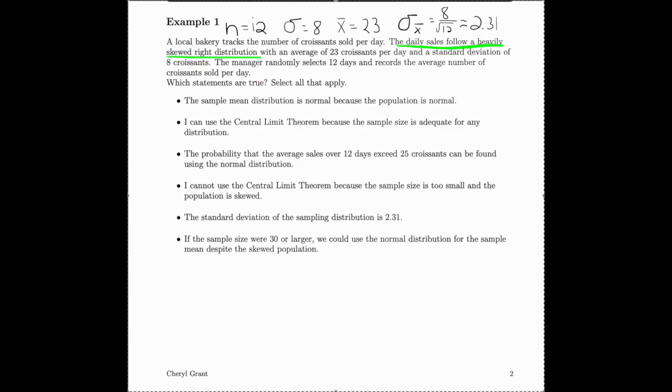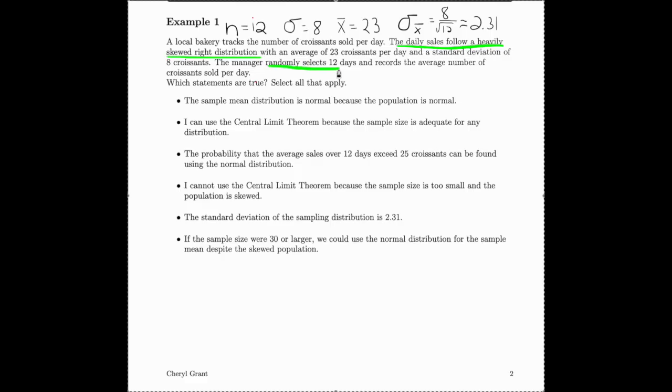It could be both, but it only needs to meet one of these. So the population distribution is normal, or the sample size is big enough, and we call big enough 30 or more. Okay, so looking at this scenario, the samples are randomly selected, so we know that there's independence.